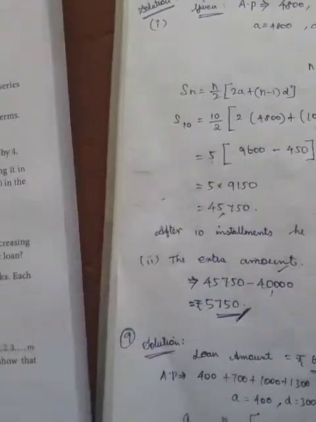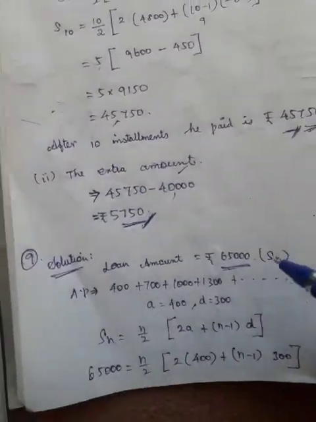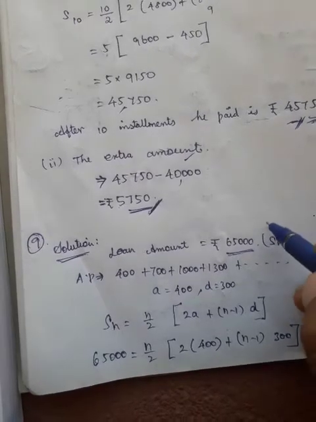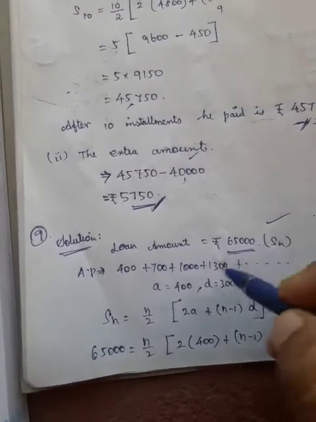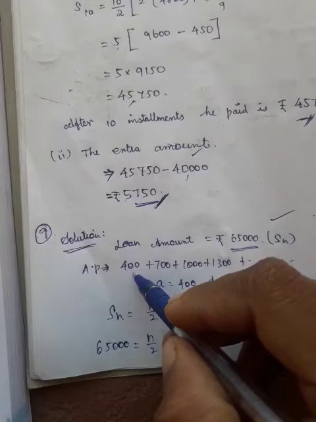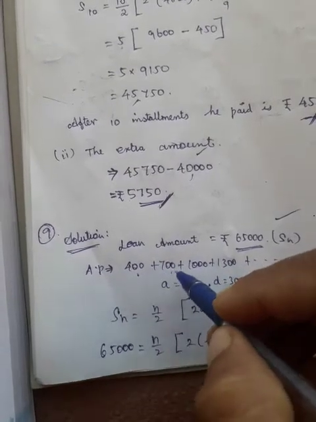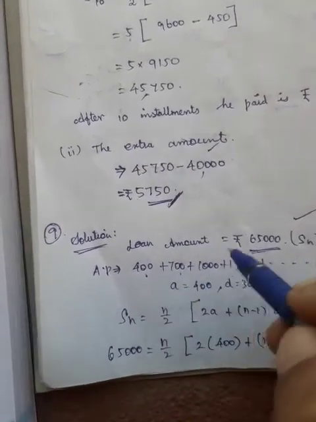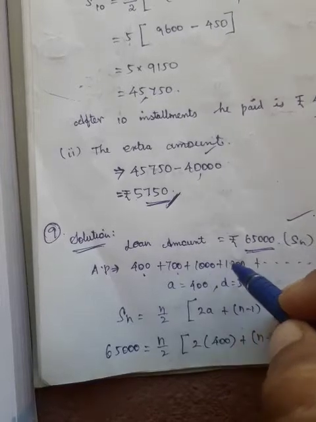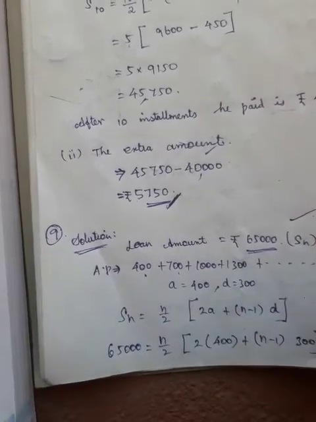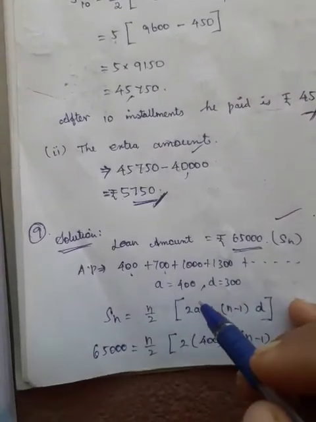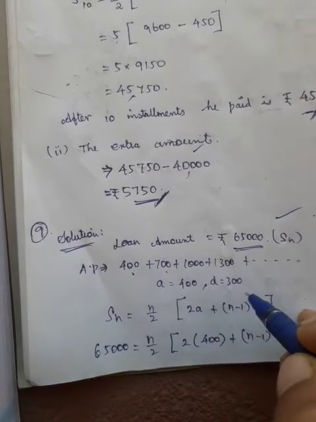So come to the solution part. The loan amount 65,000 is the total amount, the Sn value. 400 in the first month, then the second month plus 300 is 700, then again plus 300, and so on. So a value is 400, d value is 300.